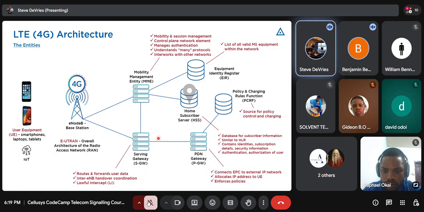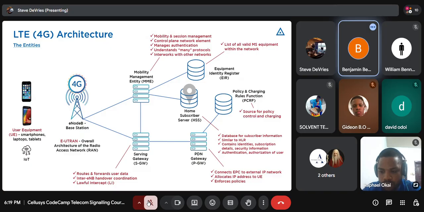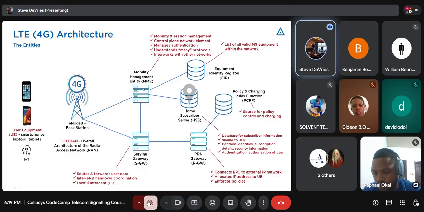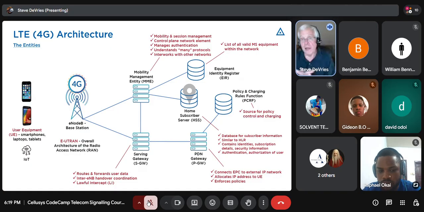This is more of what the 2.5G and 3G had, the serving GPRS support node. And this is more the gateway GPRS support node. Because remember, this is packet only now. So there's no circuit.